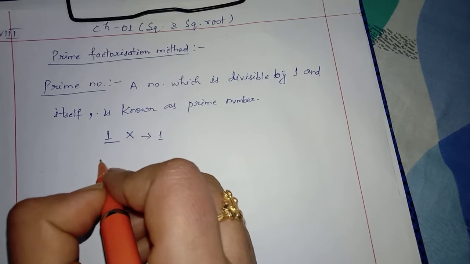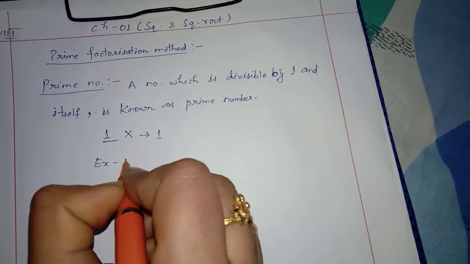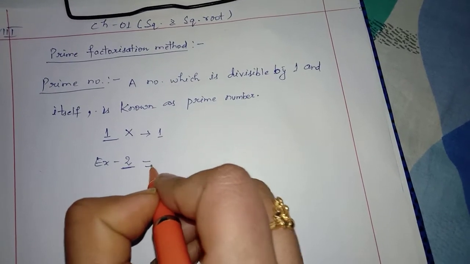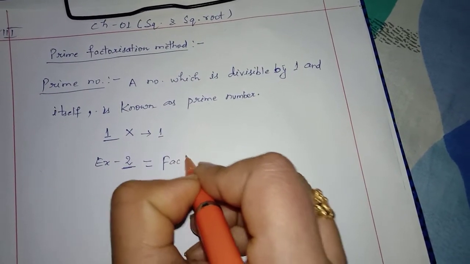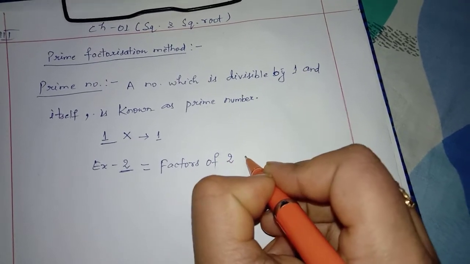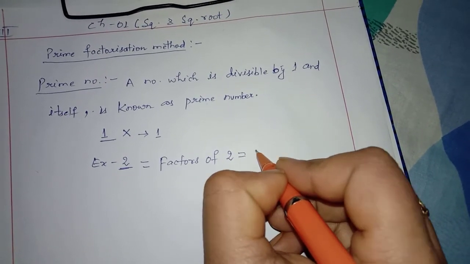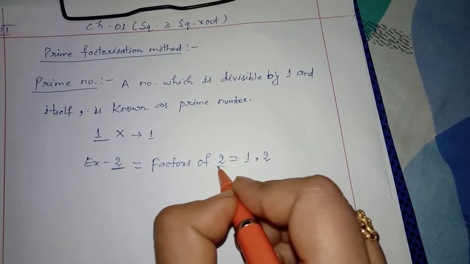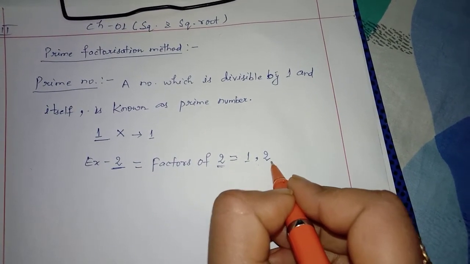For example, take 2. The factors of 2 are 1 and 2, because 2 is divisible by 1 as well as 2.